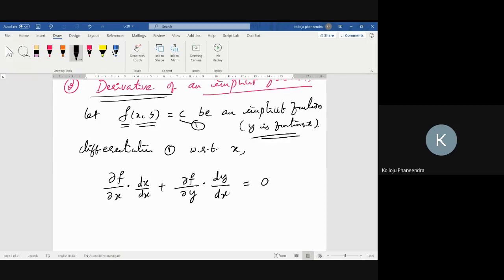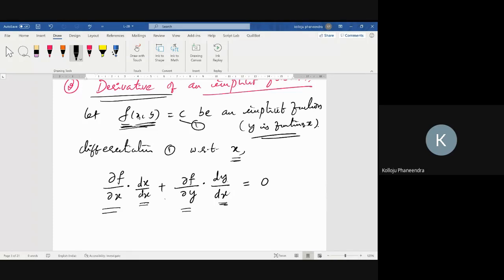Any doubts? Once again, f is a function of two variables. Therefore, first partial derivative with respect to x, and x is a single variable, so dx/dx, plus f derivative with respect to y, partial, and y is a function of a single variable. Therefore, the derivative of y with respect to x. We are taking the derivative with respect to x.